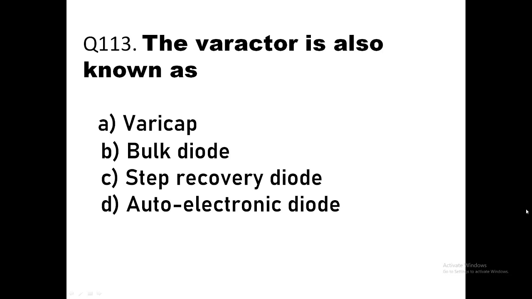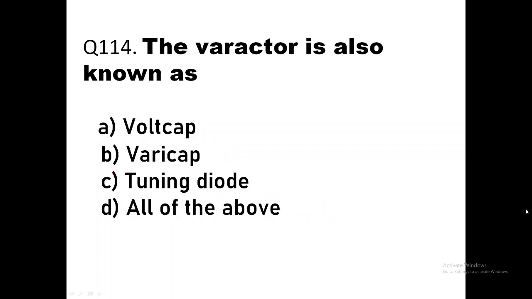So it has an inverse relation between the reverse voltage and the capacitance. Therefore it is called a variable capacitor, varicap. So the answer should be A, varicap. A varactor diode is also known as varicap, variable capacitor.